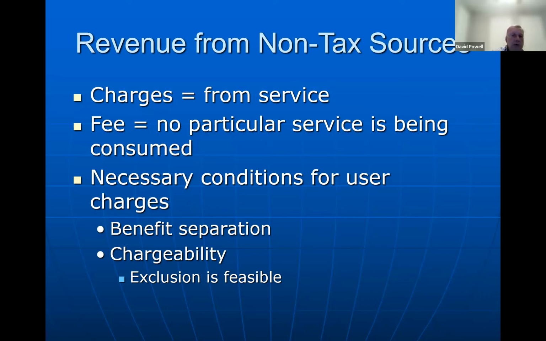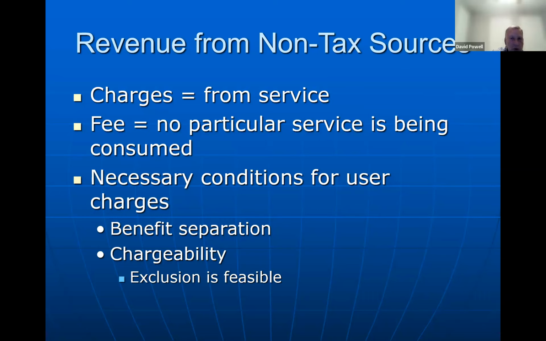In order to use a user charge, you need to have some components of a private sector good. You need to be able to separate the benefit that people are getting from consuming this service. If you don't have benefit separation, it's going to be difficult for you to charge according to the benefit that people are getting from consuming the service.